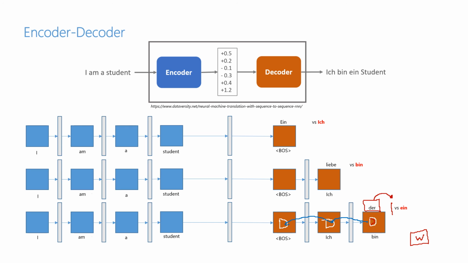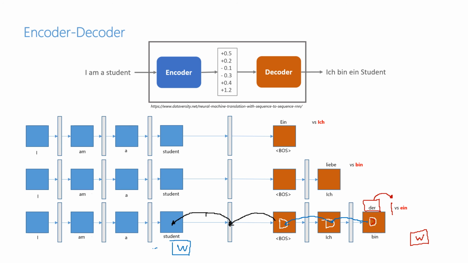Then we can propagate our updates to this intermediate state vector, and we can see how to improve the calculation of this vector, working on the weights of the encoder.